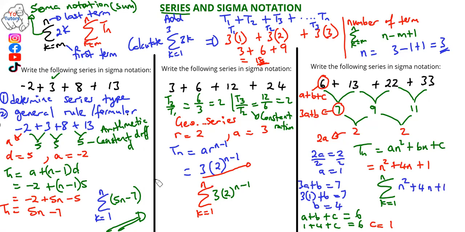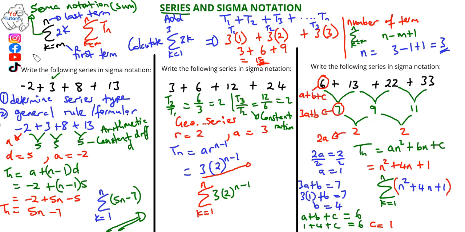But we must always remember to put it in brackets, just to make it one term like that. So this is what you need to do when they ask you to represent on a sigma notation. You are still finding the general formula or general rule, then you just plug it in on the sigma notation, and you always have your k equals 1 as your first term.